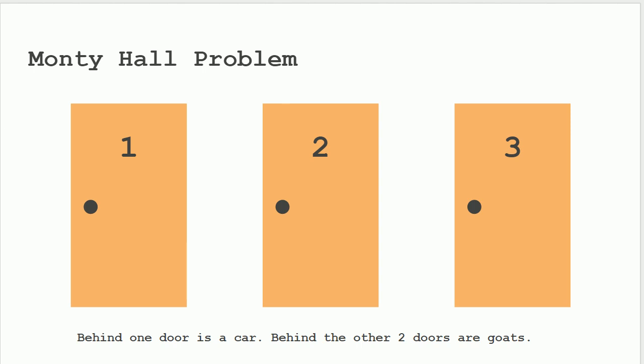The classic Bayes' theorem example is the Monty Hall problem. Way back when, probably the 70s, I'm not sure, there's a game show in which the host, I believe his name is Monty Hall, asks a contestant to pick a door out of 3 doors. The rules are, behind one door is a car, and behind the other 2 doors are goats.